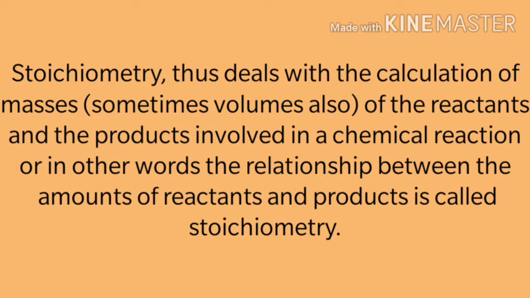On the basis of the chemical equation, you have seen one example. We can write in terms of mass, in terms of moles, and in terms of volume. So these calculations are called stoichiometric calculations, because in these calculations we can find out the mass, the number of moles, and the volume of the different substances.